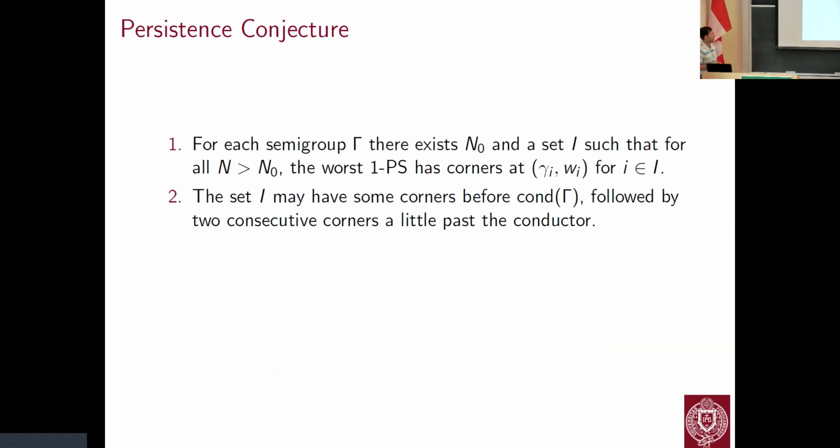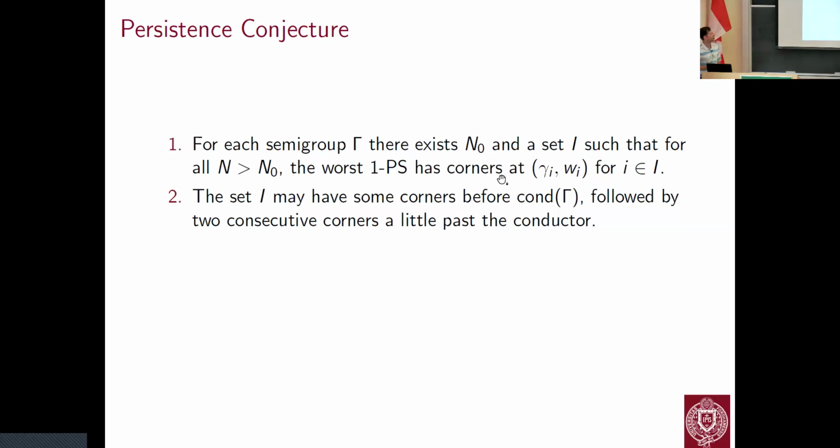For any semigroup gamma, we think that for all sufficiently large capital N, there's some set of corners I where the worst one parameter subgroup always has corners at those x values. And I can say a little bit more.